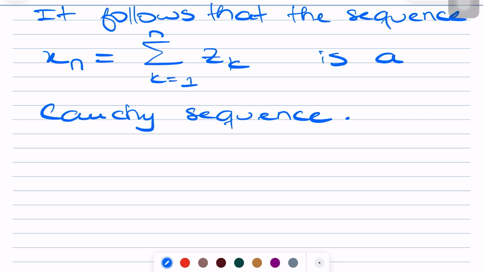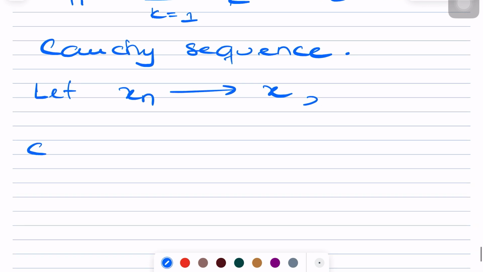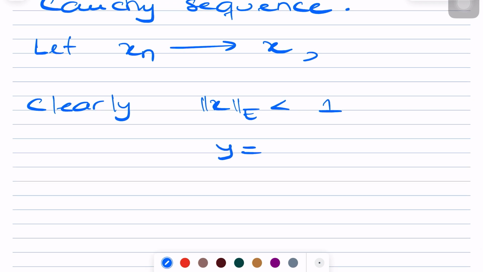And then E is a Banach space, so there's a limit. So let xn converge to x. Then clearly, again, you can check that yourself, that the norm of x in E is less than or equal to 1, and y is equal to gx.